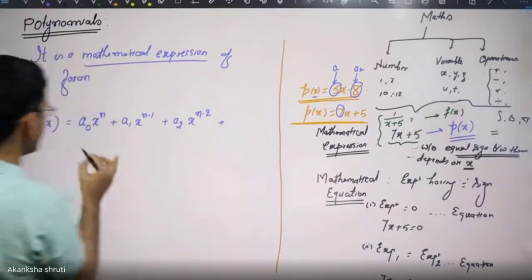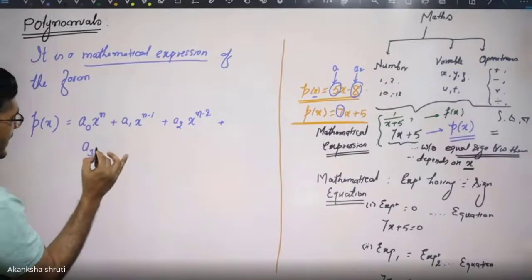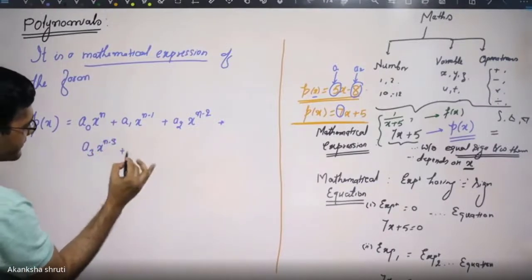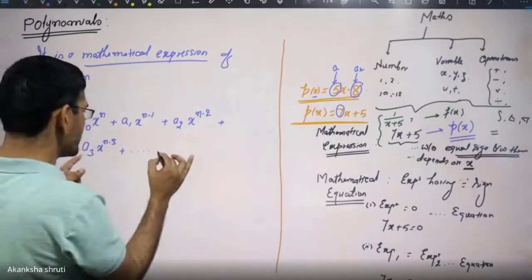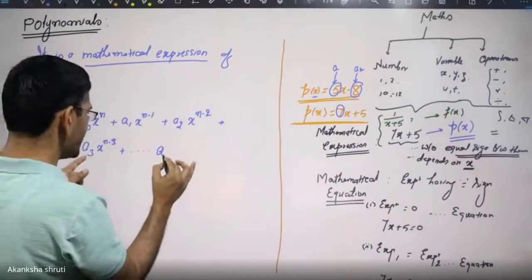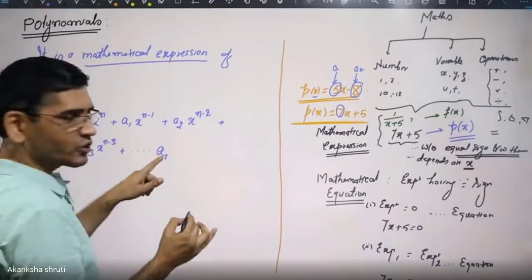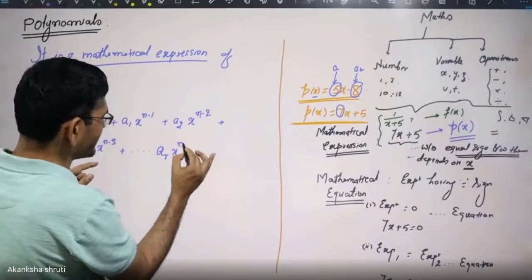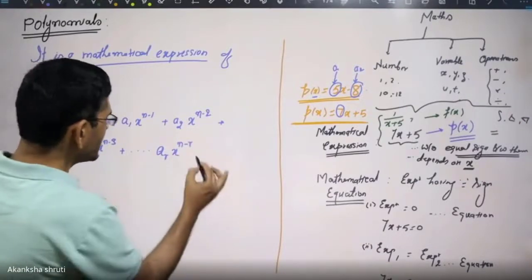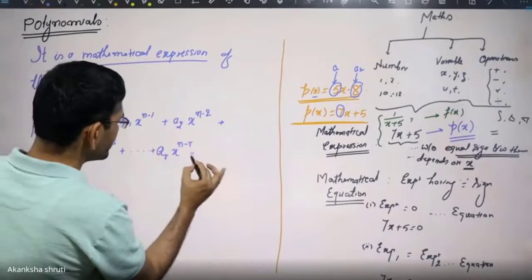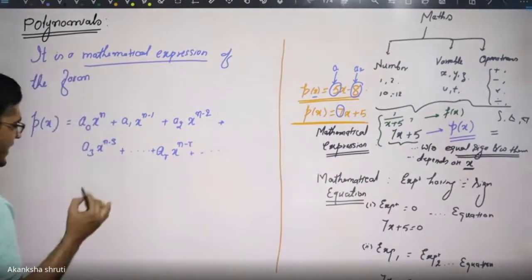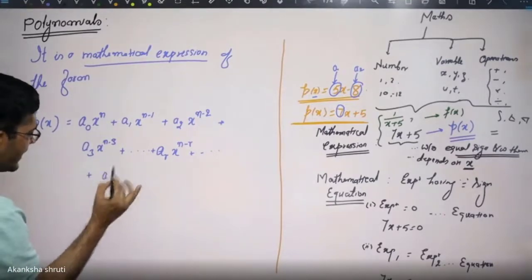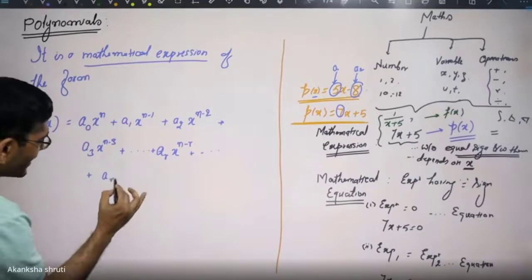The next term will be a3 x to the power n minus 3, plus if I am denoting a general term with ar, where r may be your 10th or 12th, then x to the power n minus r. Going on, we may further go ahead. We may take any value for this r, say a to the power n minus 1 I am taking.